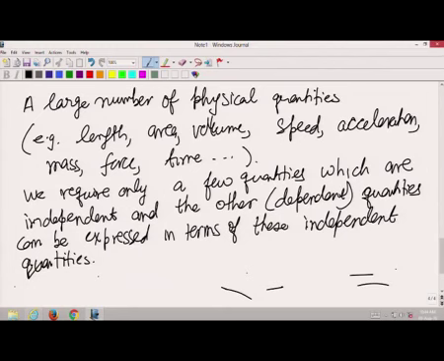The quantities which we choose as the independent quantities, we call them the fundamental units.